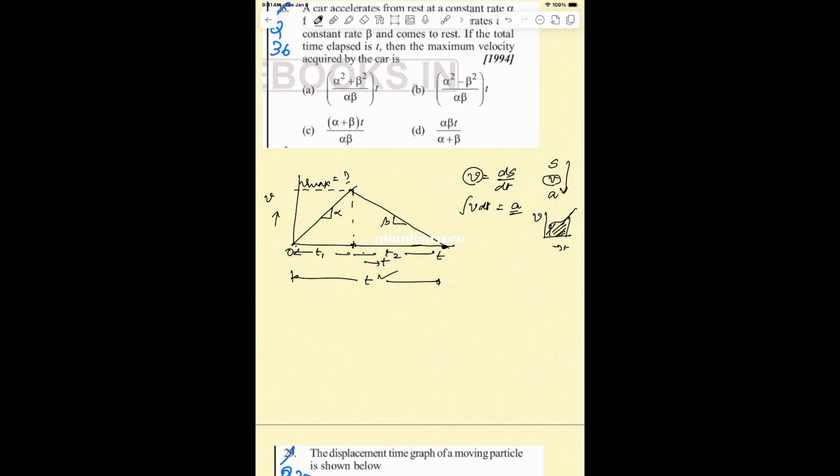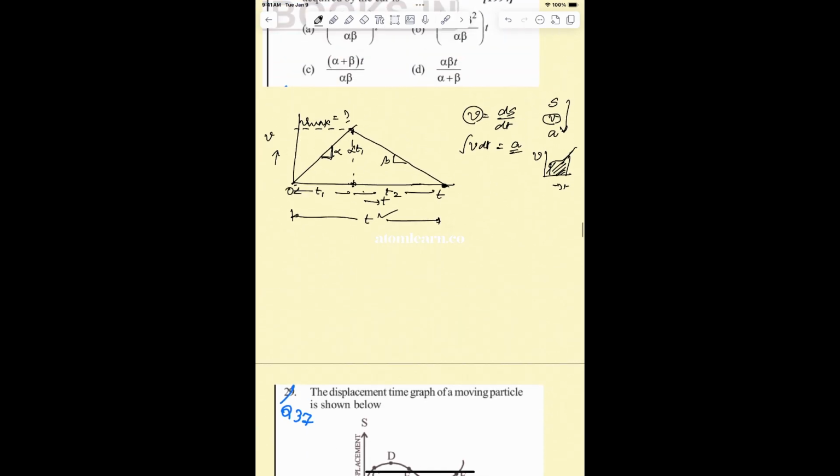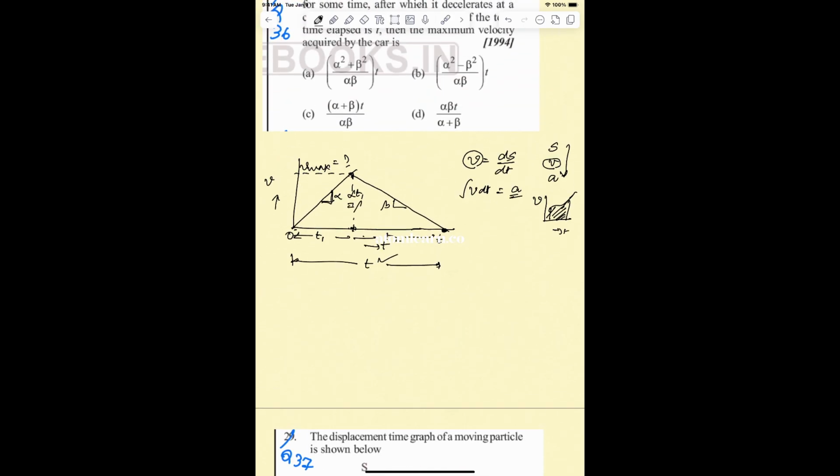Now, alpha is the slope and T1 is the interval. Therefore, this height is equal to alpha T1, and also it is equal to beta T2 from the other triangle.